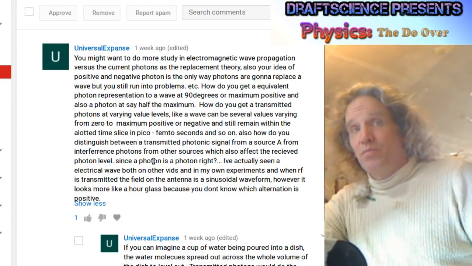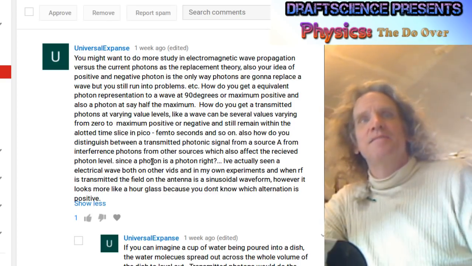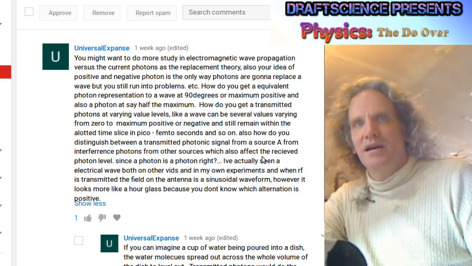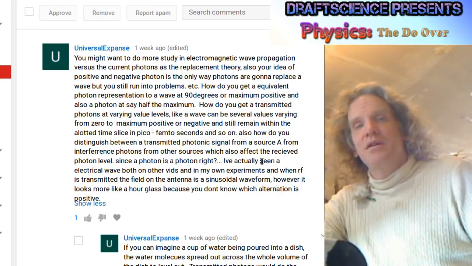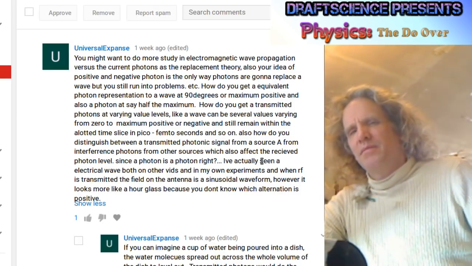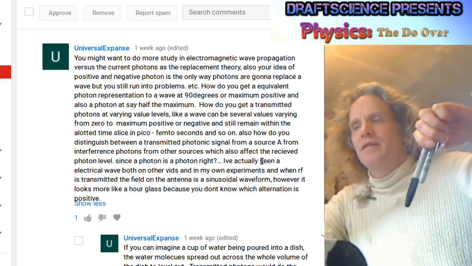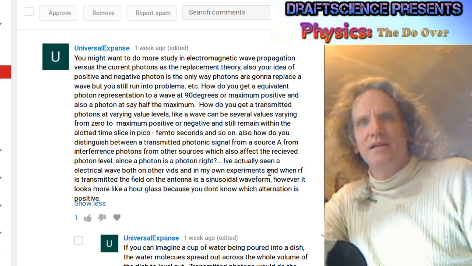So again, why don't you prove it is? Show me this interference thing. Since a photon is a photon, right? And again, where's your example of photons having, in some elemental sense, a variable identity?